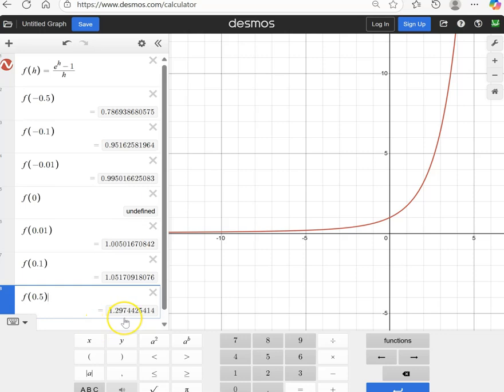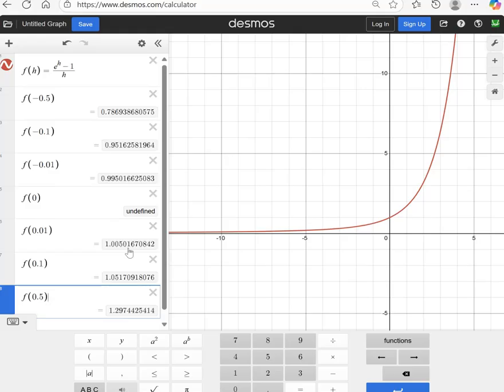On the right-hand side, when I'm a half a unit out, I get a y value of 1.297. And then as I get a little closer, it moves down to 1.05. And as I move even closer, it gives me 1.005, which again appears to be approaching 1.